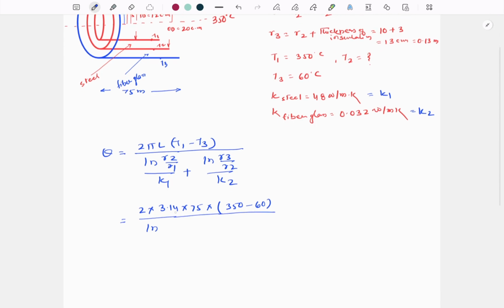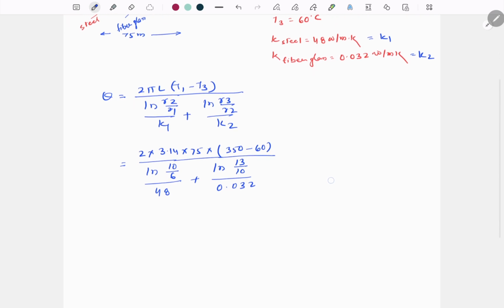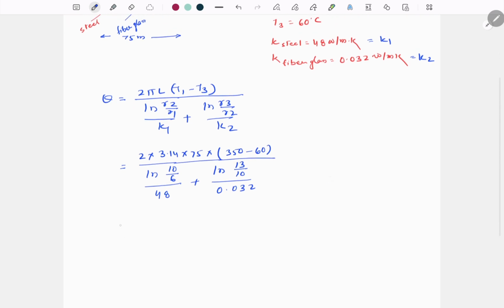So I'm using centimeter. So ln 10 by 6 by K1 48 plus ln 13 by 10 by 0.032. Solve this one.